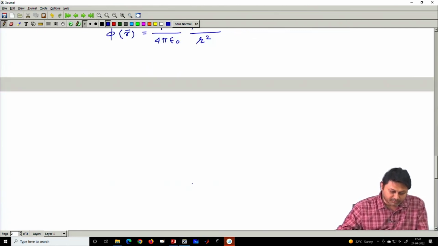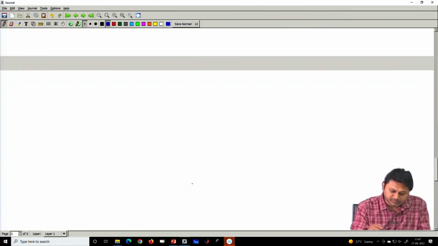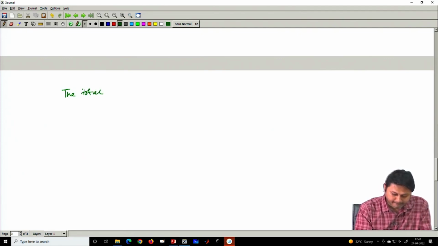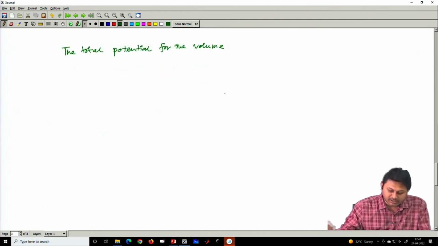Now, for the total potential for the entire volume, that should be the integration.